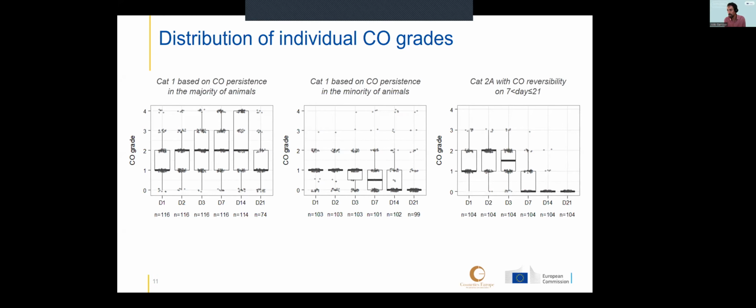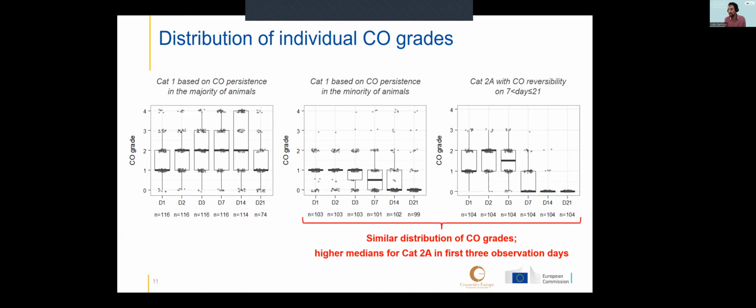And what you can see is that actually there is a very similar distribution of CO grades in these 2 panels. There is no way one can distinguish one group from the other based on the scores on days 1 to 3.